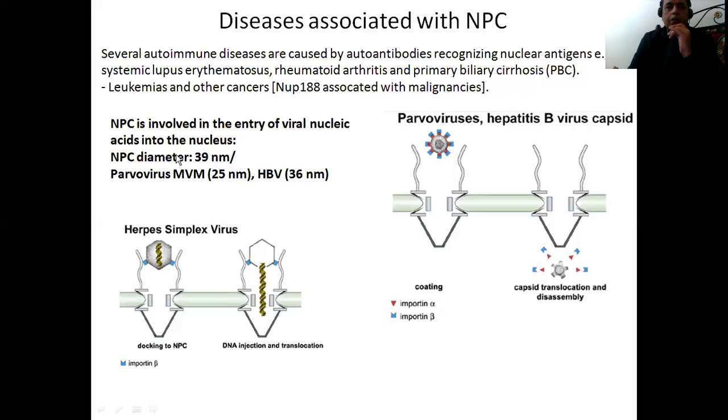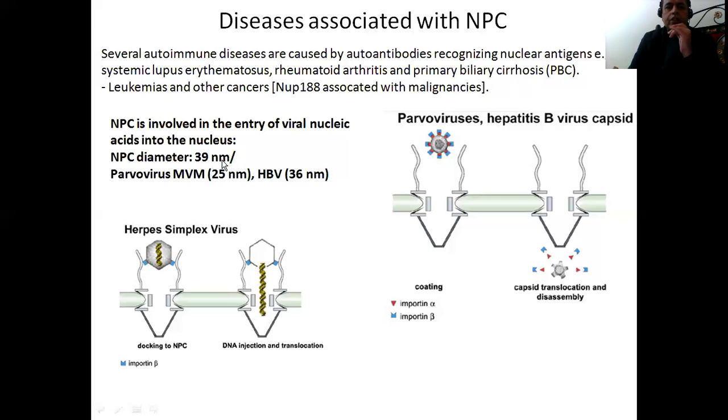This is not the diameter, sorry, this is the space allowed for the molecule. The entire diameter is 100 nanometers, but you can say it's a 39 nanometer space for the entry of molecules or exit of molecules from the nucleus.